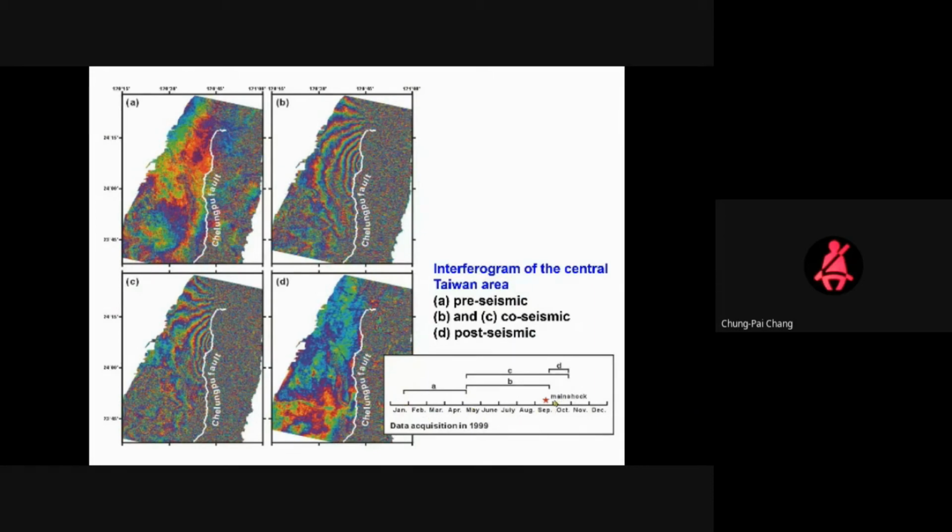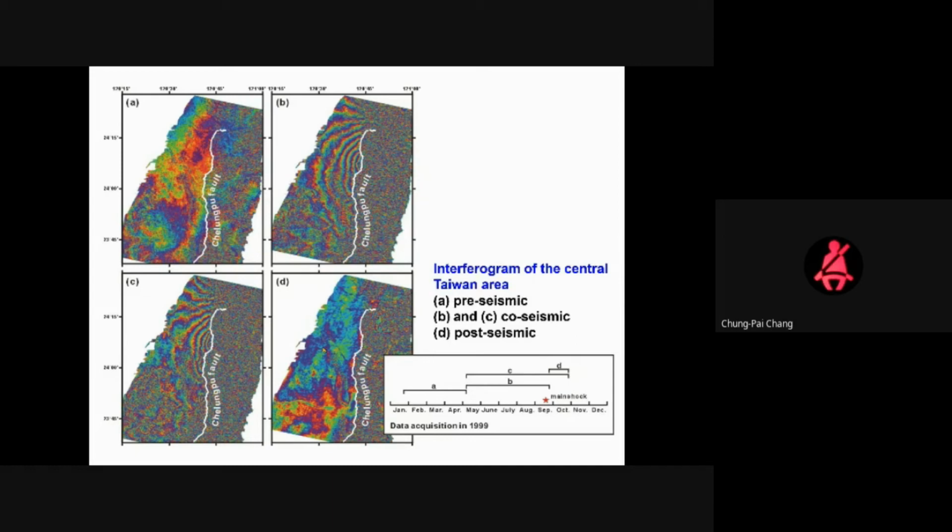The earthquake occurred here in September. So we use image pairs: A, two images including the earthquake, B and C, and D after the earthquake, without the earthquake event.